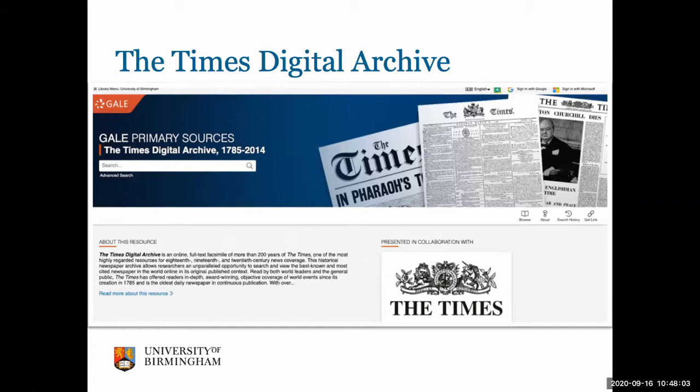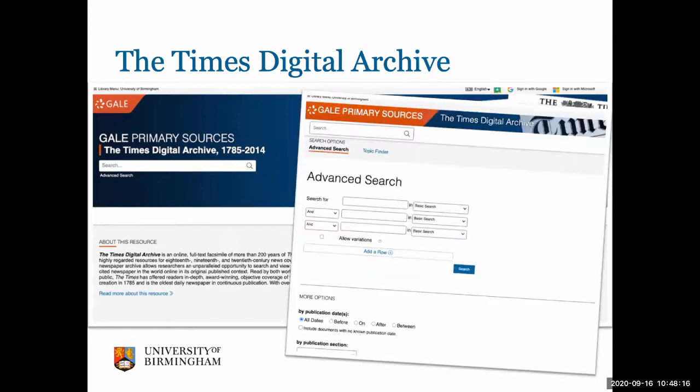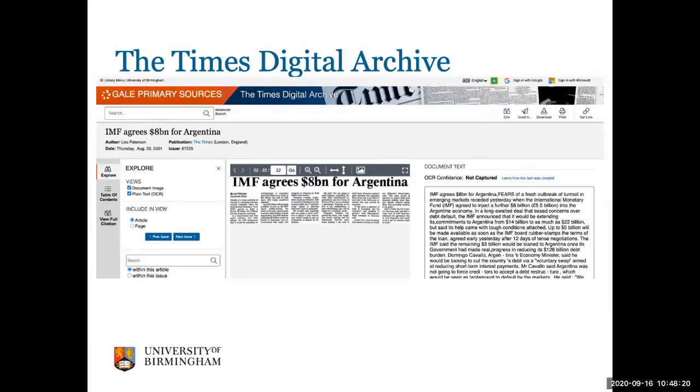And what you have is PDF versions, or scanned versions, so you've got images that you can look at, and then you can search words and they are highlighted in the image. And here, this is the search window that works quite well. And what you can now also get is a transcribed version of the text.